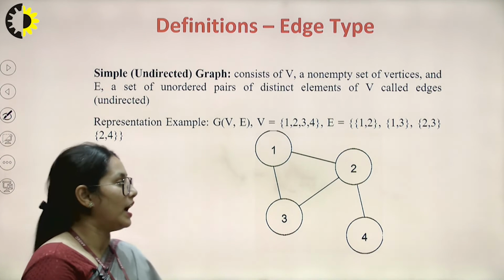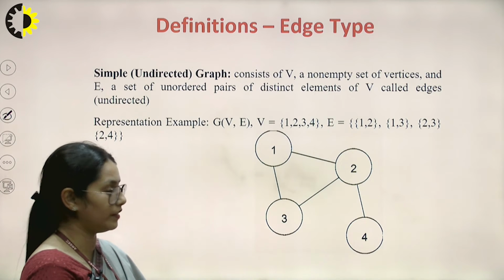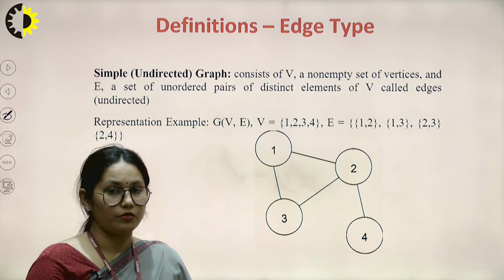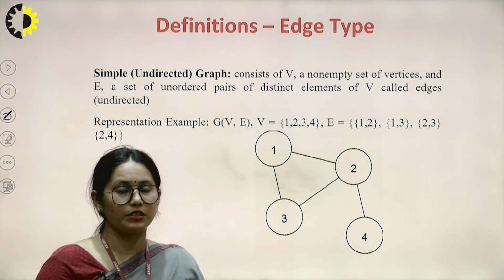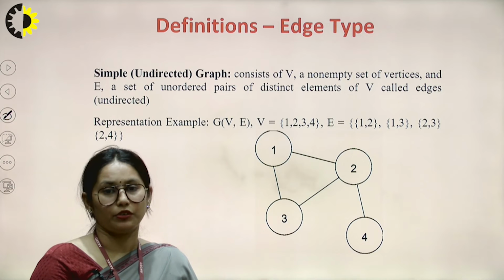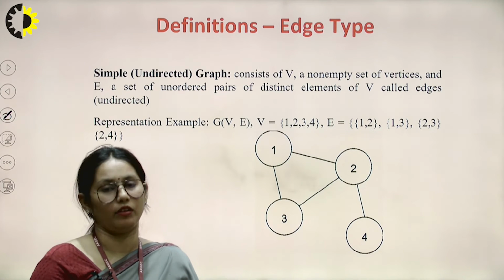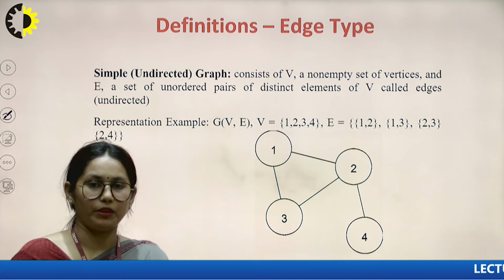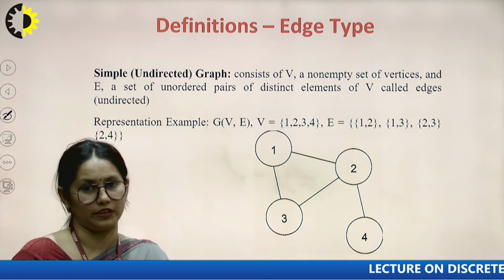You can easily see that there are no multiple edges in this graph. So in a simple graph, the nodes are connected with edges, and at most they are connected with 1 edge only.